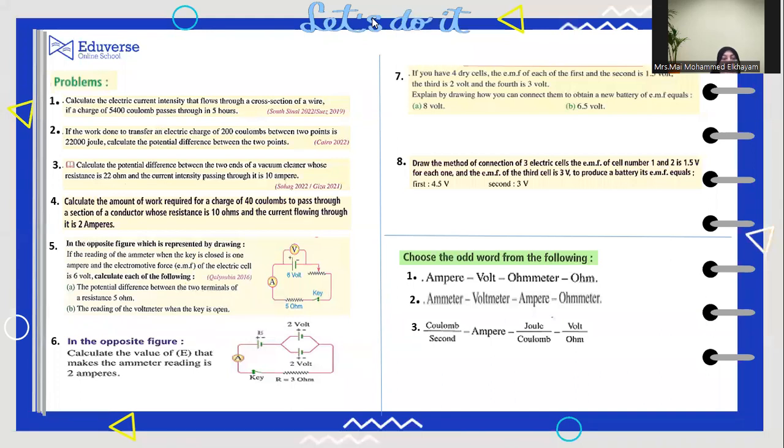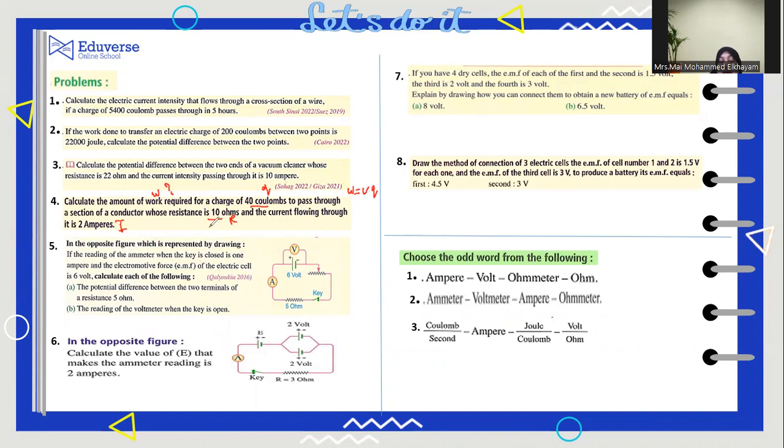Now, calculate the amount of work, so I need the work, for a charge of 40 coulombs, this is Q, to pass through a section of a conductor whose resistance is 10 ohm. Current intensity is 2 ampere. First of all, I have ampere and resistance, and I need work. Work done equals V multiply Q. I have the Q, but I don't have the V, the potential difference.